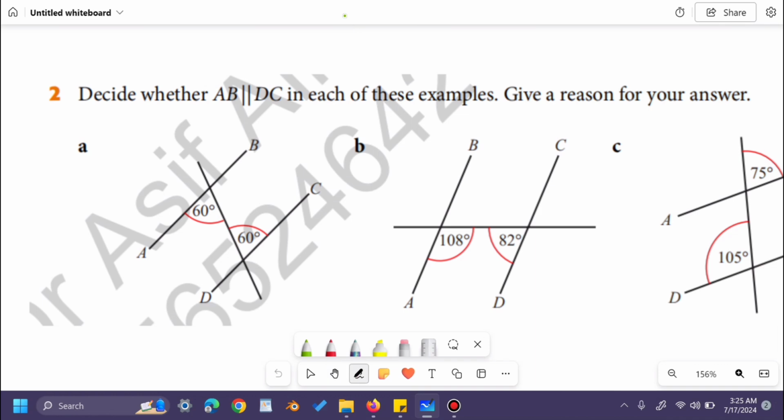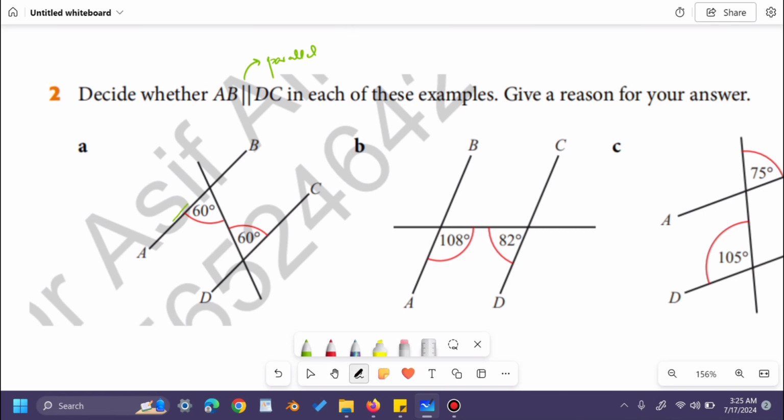All right. AB is parallel to DC in each of these examples. This symbol, these two lines, basically states that it is parallel. So they're asking you to use some properties to identify if AB and DC are parallel lines or not.